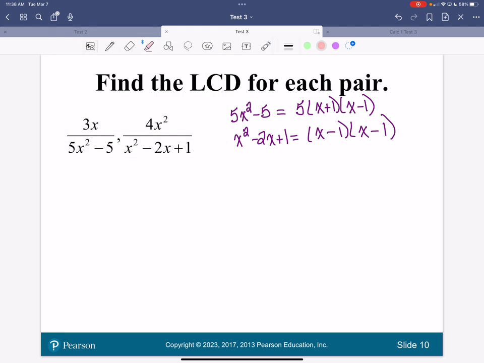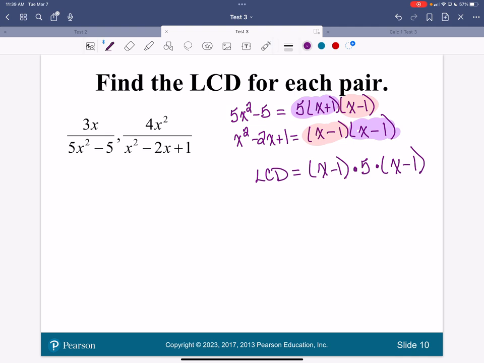First thing I'm going to do, I'm going to highlight what's common. So I have x minus 1 and x minus 1. That is common to both. So I write that down one time. Now I'm going to write down everything else. Okay? So I'm going to do times 5 times x minus 1.